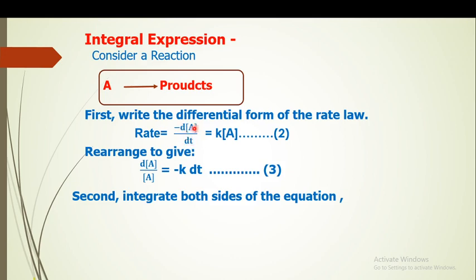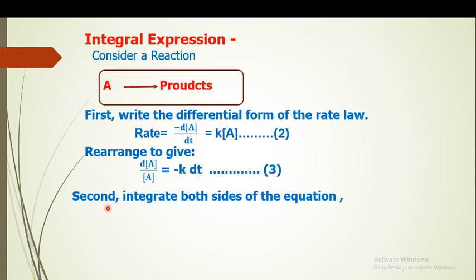Minus dA upon dt is equal to K, K is the rate constant of a reaction, into A, the concentration of A. If we rearrange this equation, then minus dA upon A, this concentration of A goes to the denominator side and this dt goes to the numerator side. So dA upon A is equal to, this negative sign goes here, minus K into dt.